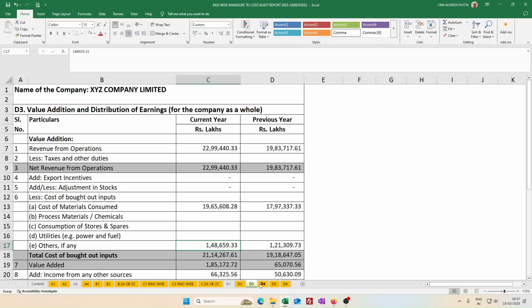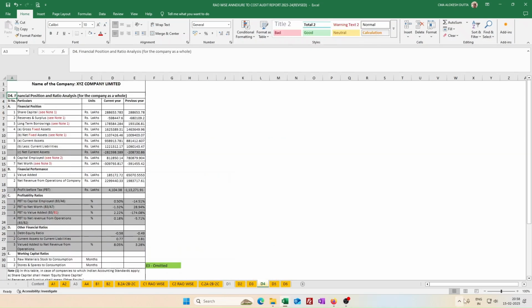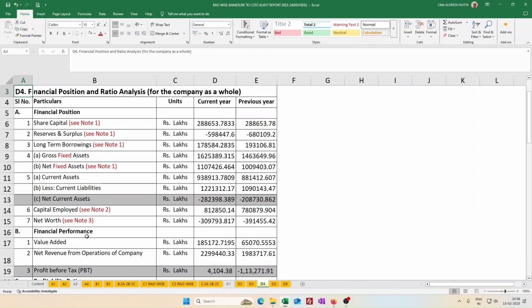Now D4. What is D4? D4 is a ratio analysis. You can see this figure has come from our balance sheet and profit and loss. Share capital, reserves and surplus, long-term capital borrowing.